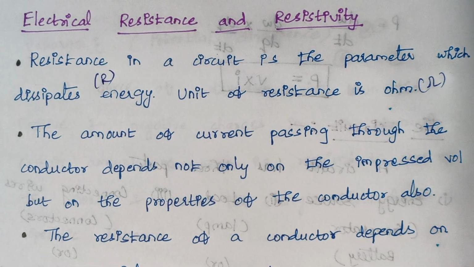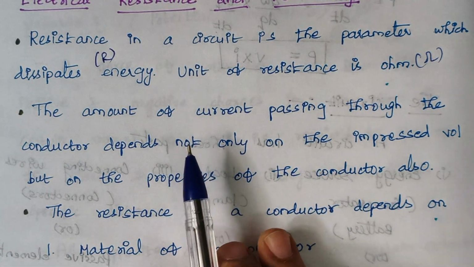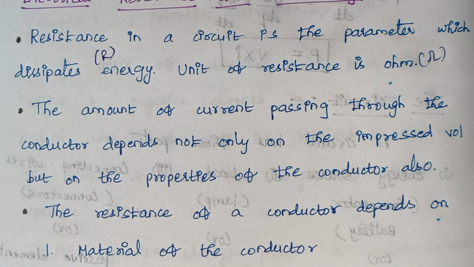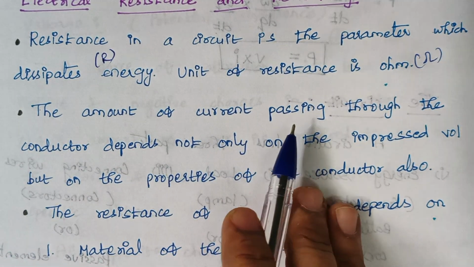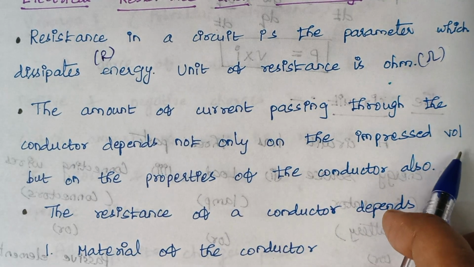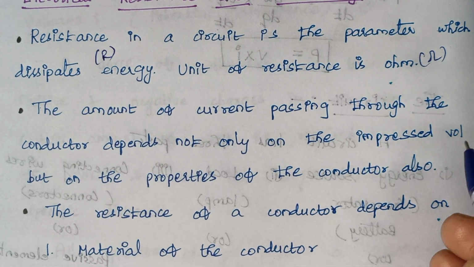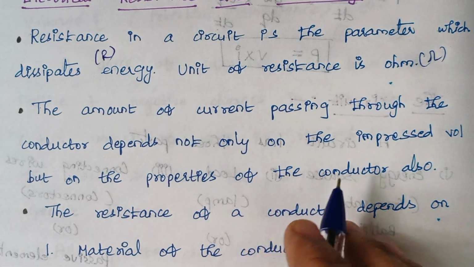And the amount of current passing through the conductor, because only through the conductors we are connecting our load and source, depends not only upon the impressed voltage, that is the supply voltage, but it also depends upon the properties of the conductor.